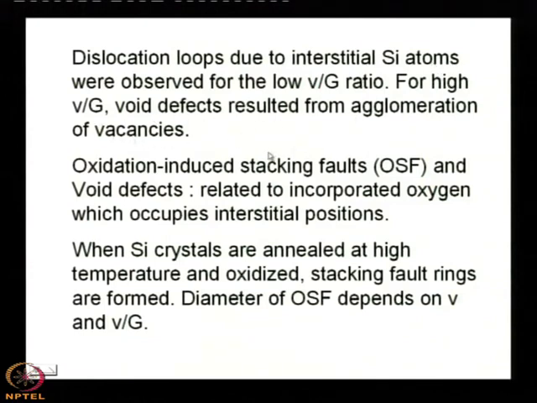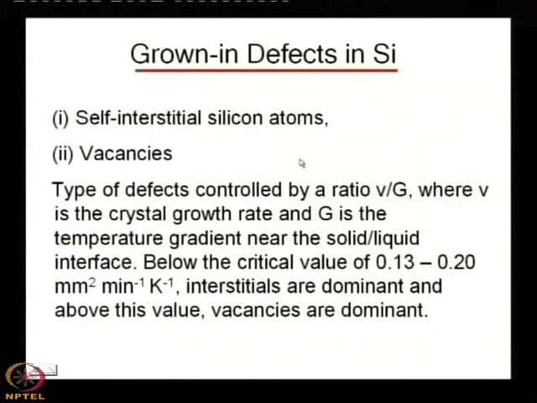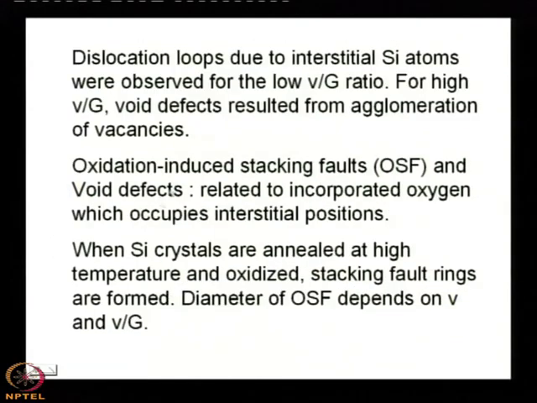For a high V/G ratio, what will happen? As we have seen earlier, above this value the vacancies are dominant. If the V/G ratio is high, say greater than 0.2 millimeter square per minute per Kelvin, then the defects will agglomerate to form voids.